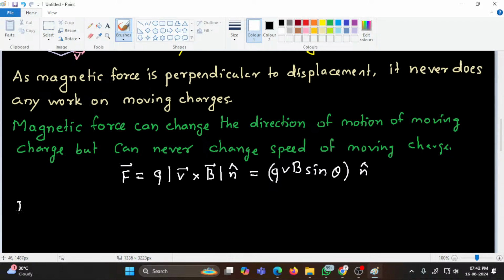So if theta is equal to 90 degree, that means charge is moving in perpendicular direction with magnetic field.